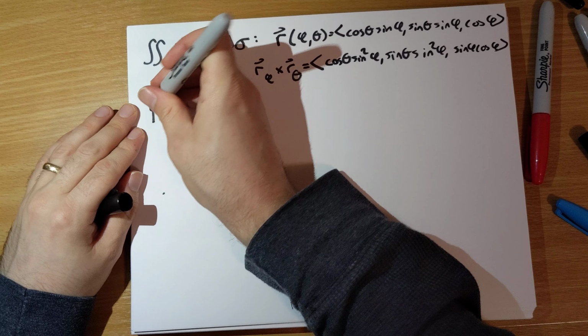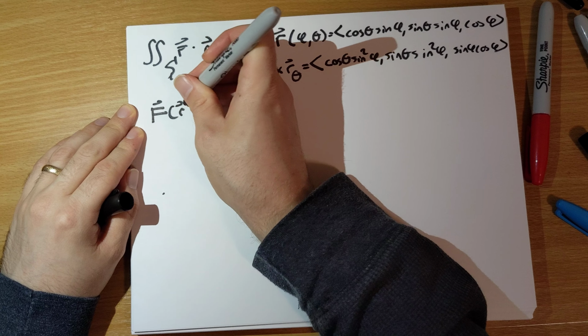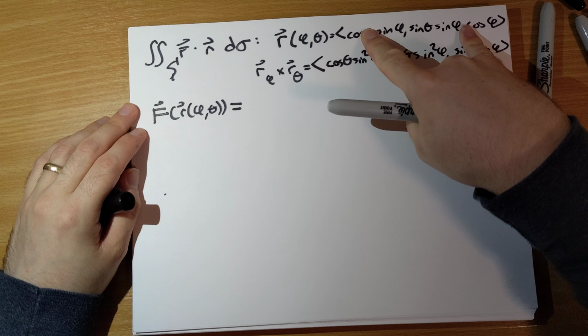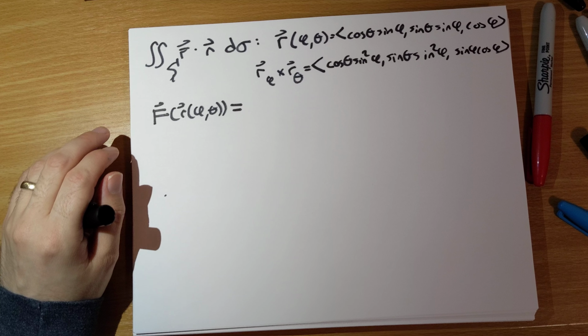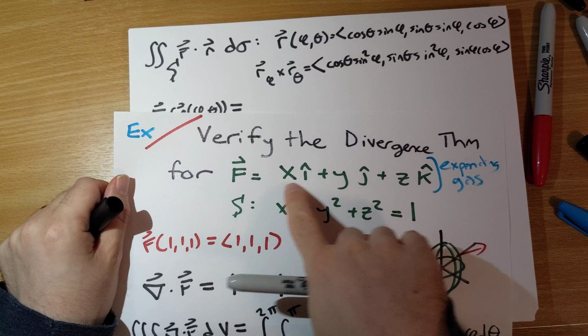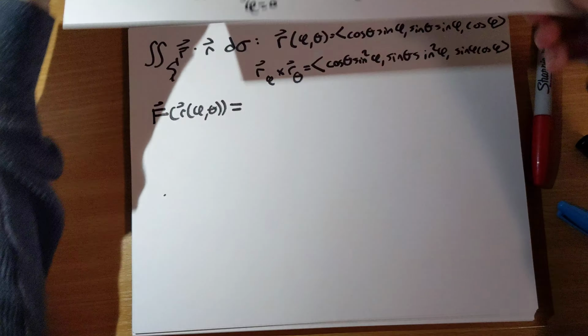Okay. F of r of phi comma theta. Take our parametrization and plug it in to our vector field x, y, and z.